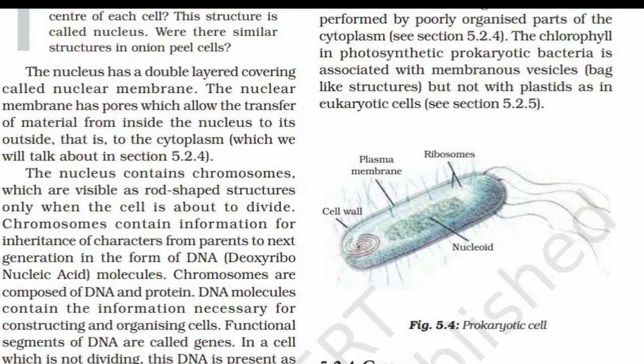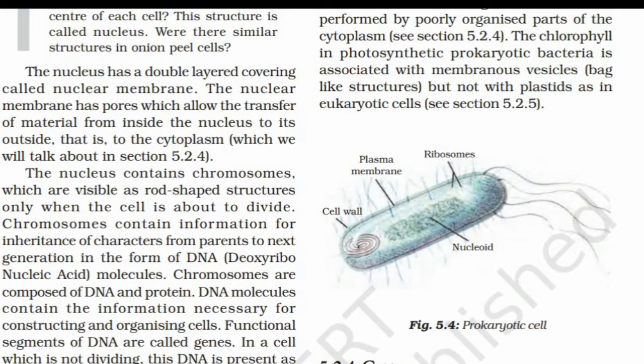These molecules have the characters of the parents. Chromosomes are composed of DNA and protein. So we can say the rod-shaped chromosomes are made up of DNA and protein. DNA molecules contain the information necessary for constructing and organizing cells. Functional segments of DNA are called genes. Now again there are parts in DNA and they are called genes.